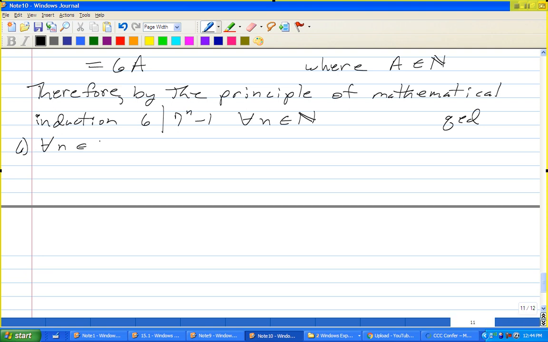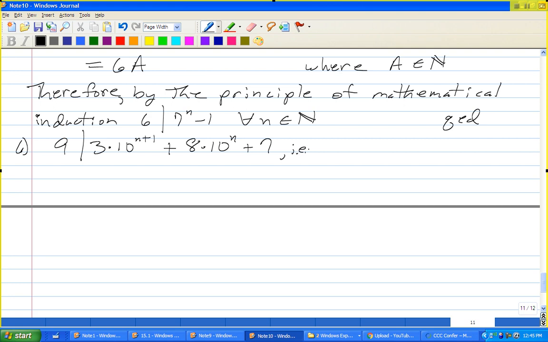For every natural number n, I want to show here that 3 times 10^(n+1) plus 8 times 10^n plus 7 is divisible by 9.